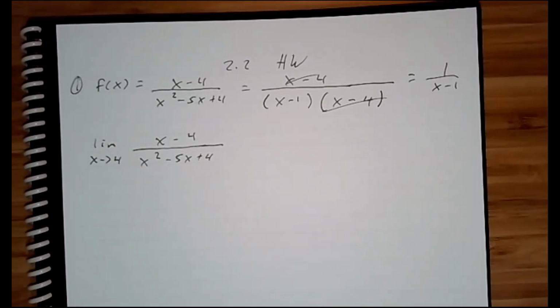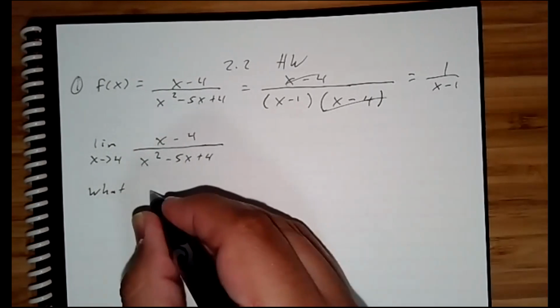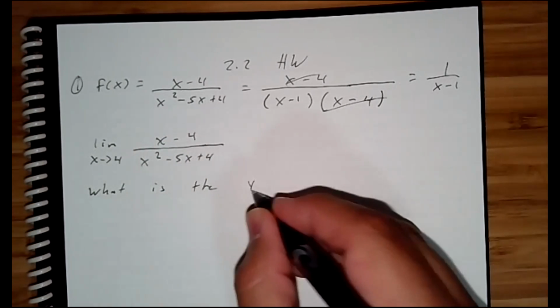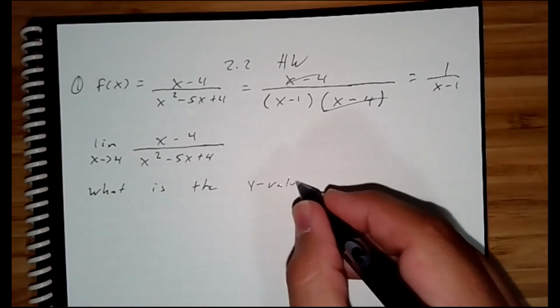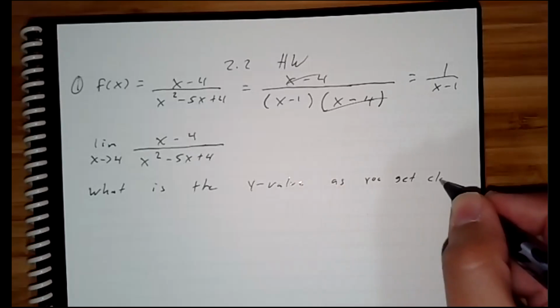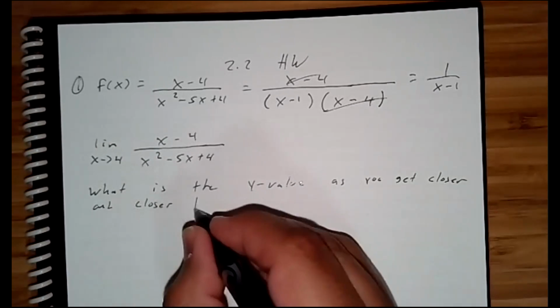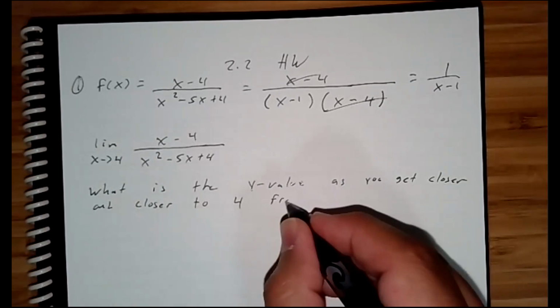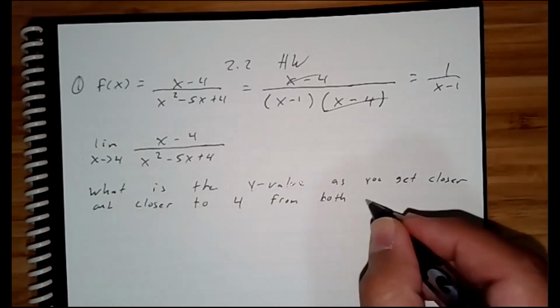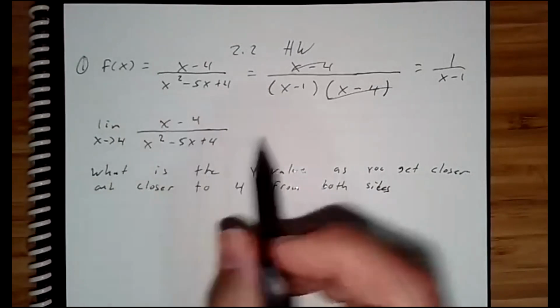So basically, what is the y value as you get closer and closer to 4 from both sides? That's what it's asking you to do. That's what this means.